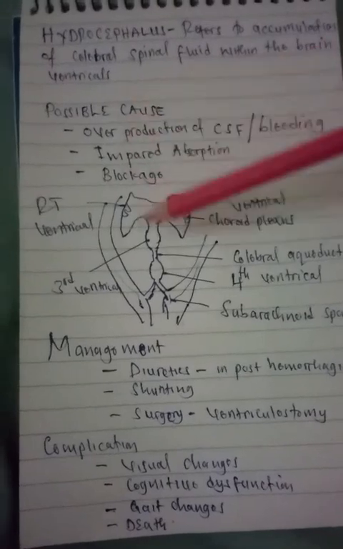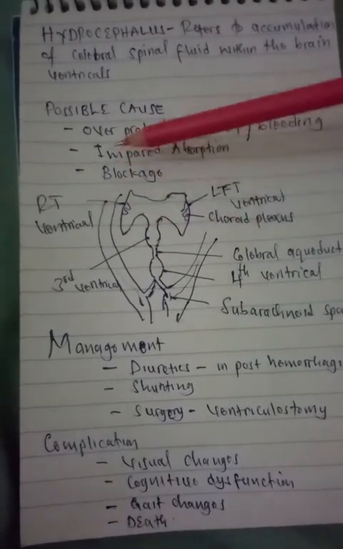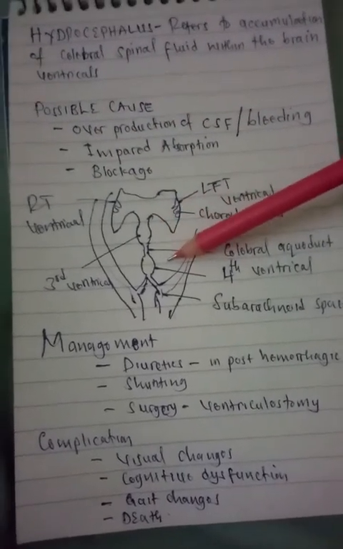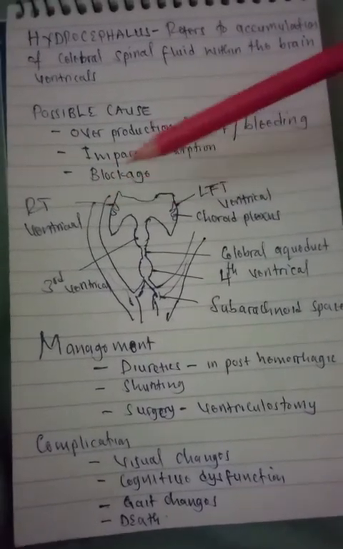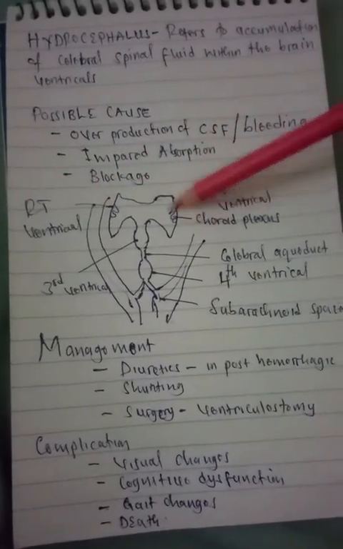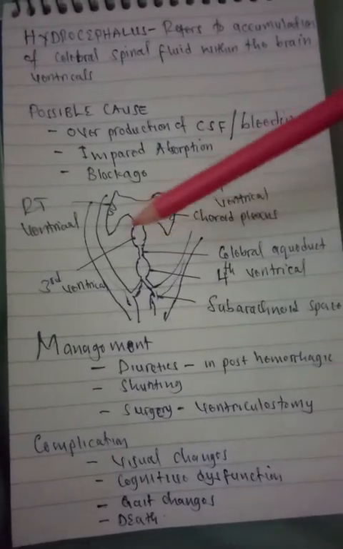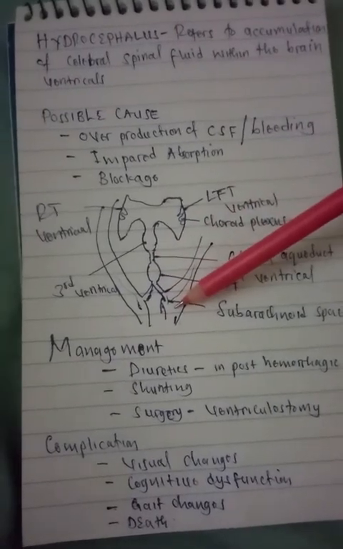So let us move here to a simple diagram to understand this. As you can see here, we have the left ventricle, the right ventricle, the choroid plexus, the third ventricle, the cerebral aqueduct, the fourth ventricle, and the subarachnoid space.